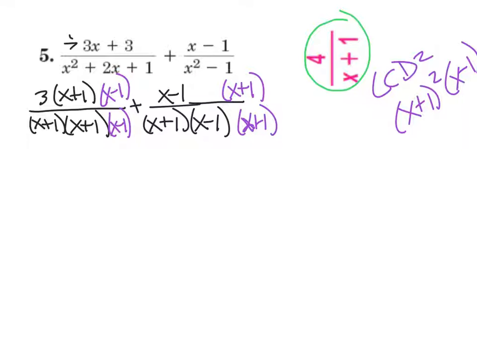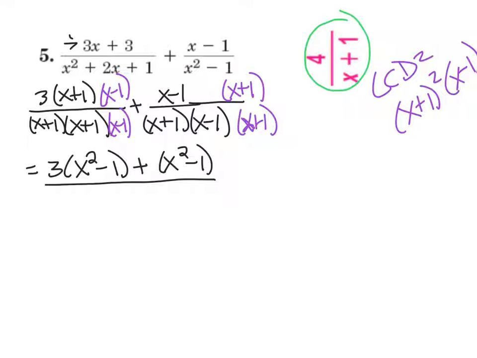Okay, now let's multiply across the top. If I multiply x plus 1 times x minus 1, what I get is this. If you want to multiply that out and see how I got that, that will be helpful. And then over here on the top I have x plus 1 times x minus 1, so that is x squared minus 1. That's combining my numerator.